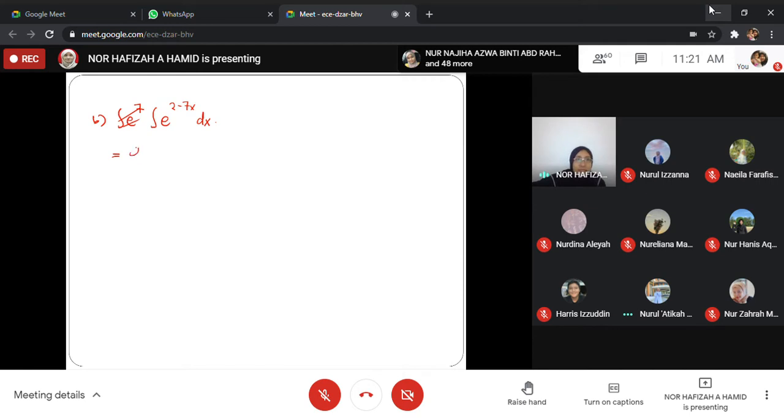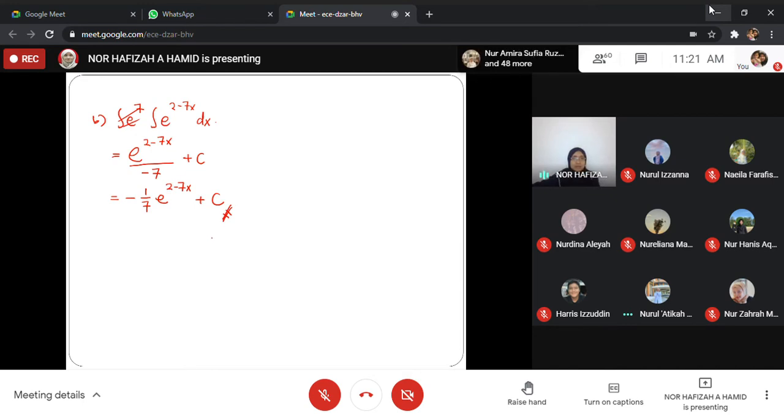First you copy e to the power of 2 minus 7x and differentiate 2 minus 7x, you will have negative 7. So you letak kat bawah negative 7 and plus with c. So also equal to negative 1 over 7 e to the power of 2 minus 7x plus with c.